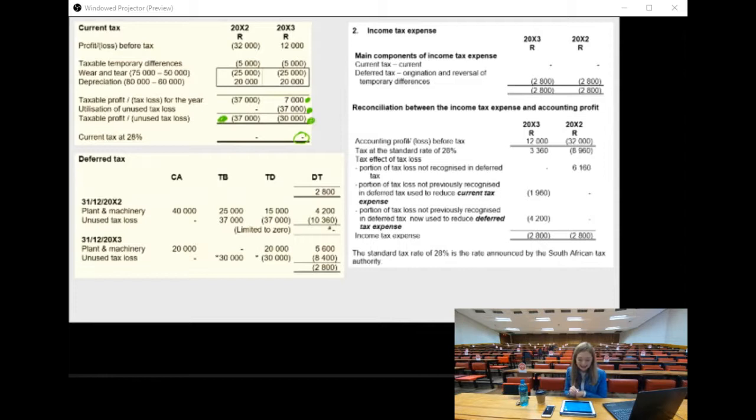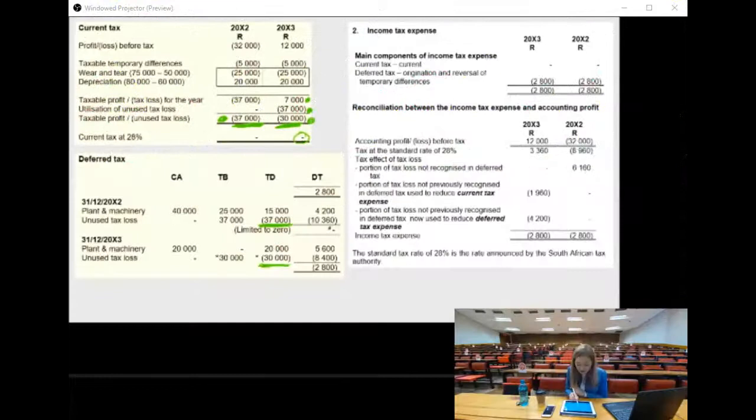So in our deferred tax calc, we have our 37,000 unused tax loss. And at the end of 20X3, we have our 30,000 unused tax loss, which we can now carry over to 20X4. Good. But in 20X2, we could not recognize the full amount, so we had to limit it to 0.